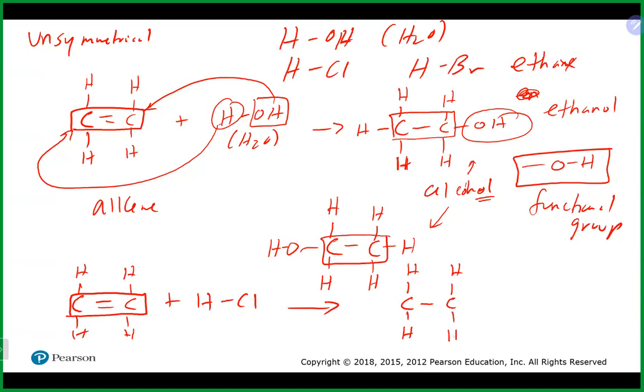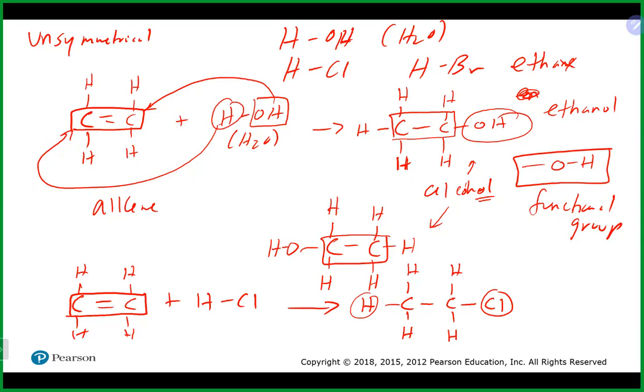Now we have room for the hydrogen to end up in one spot and the Cl to end up on the other spot. In this case, this would be chloroethane, and the other one would be chloroethane. There is only one place really for that chlorine to end up, so in this case, it does not matter where you end up.